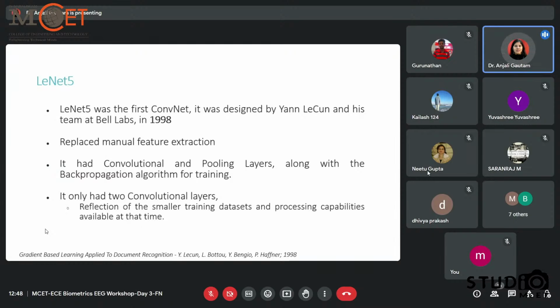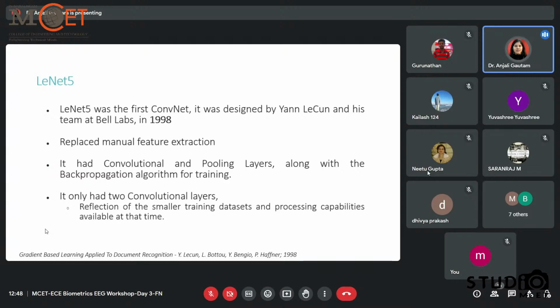They also used convolution and pooling layers, and the backpropagation algorithm, so that weights can be optimized. But in 1998 they didn't have big machines, I mean the graphics cards, the GPUs, that we use nowadays.